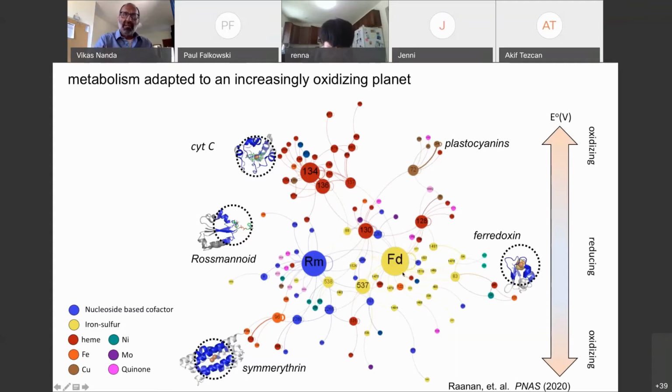But what we noticed that was very interesting was that, for example, this ferredoxin, which is yellow, is connected to a lot of other types of folds which also bind iron sulfur, meaning that you often see ferredoxin, which itself has iron sulfur, connected to another fold, which, while it doesn't look like ferredoxin in terms of its structure, has a lot of the same chemistry.